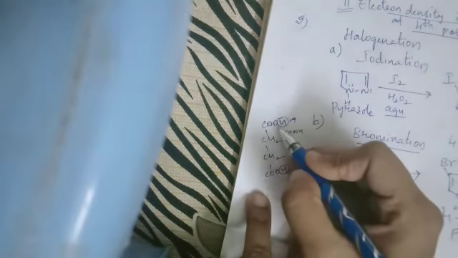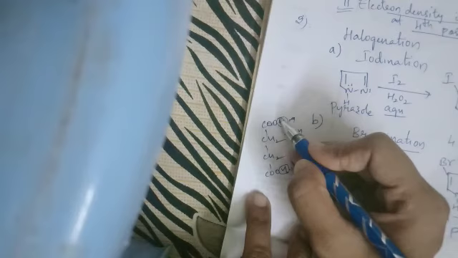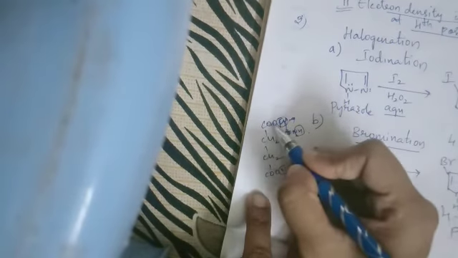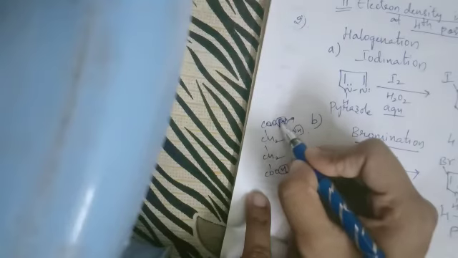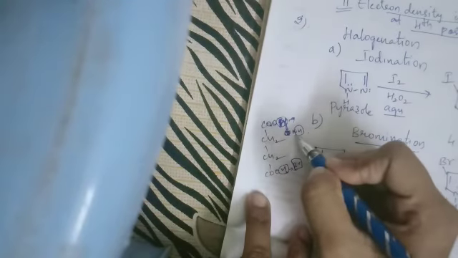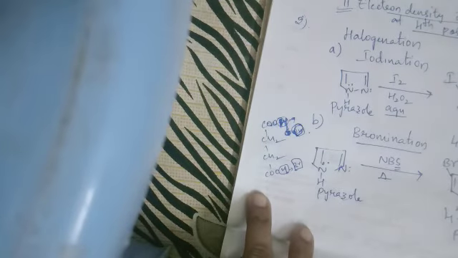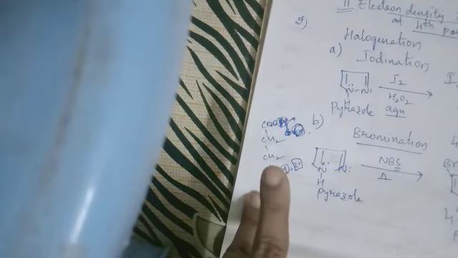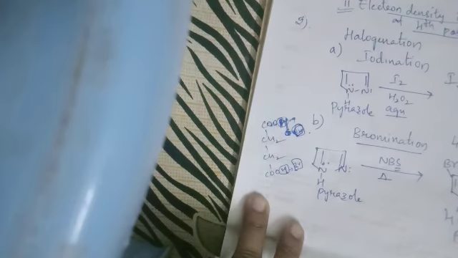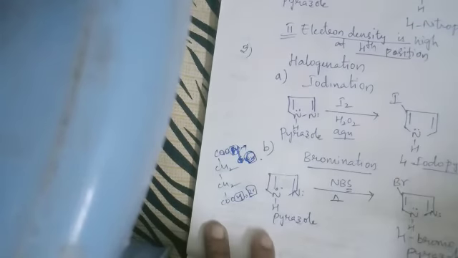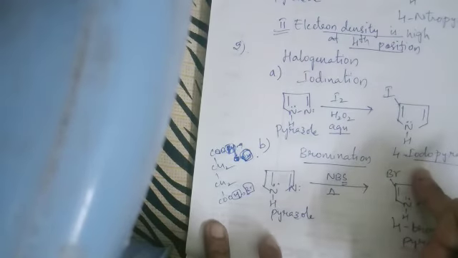So this H will be replaced by the NH, and this H should be replaced with the NH amide, and one more H with the bromine. So we will get the N-bromosuccinamide. Just refer to the structure from the mentioned topics. Next, after this, this finishes the electrophilic substitution reactions.